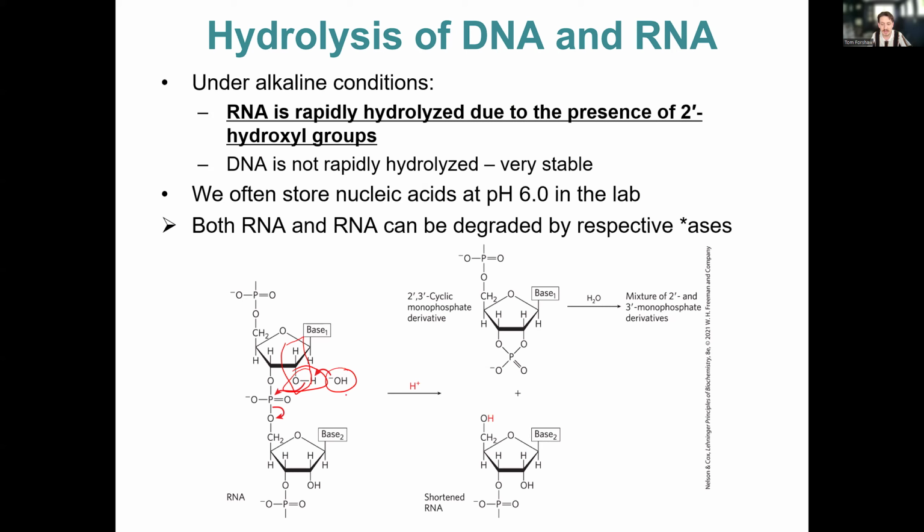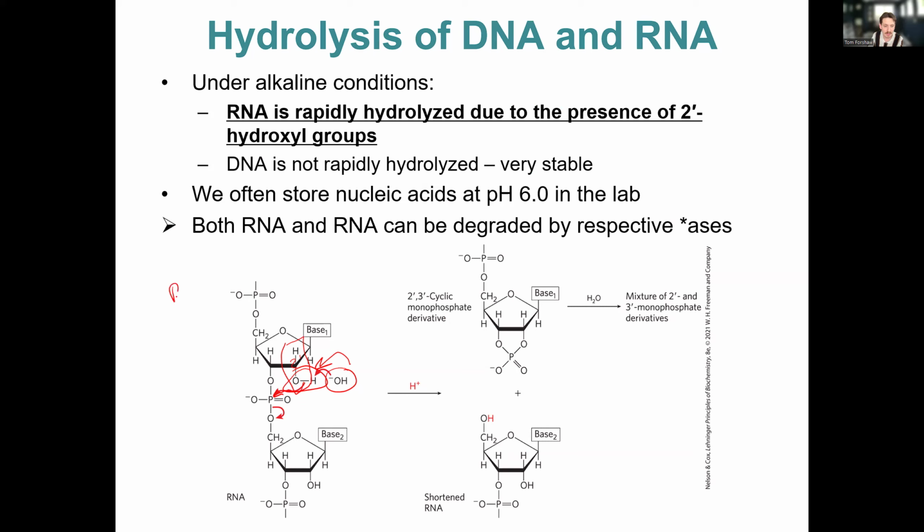When it's attacked by a base, it will cause a chain reaction where the base abstracts the proton from the hydroxy group at position 2' of RNA. This can then attack the phosphate group in the linkage.